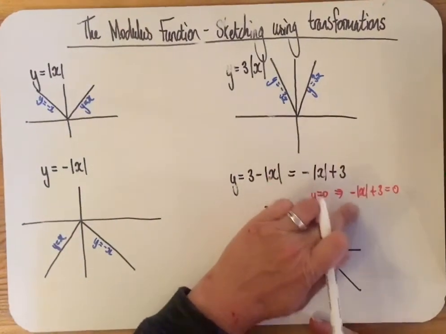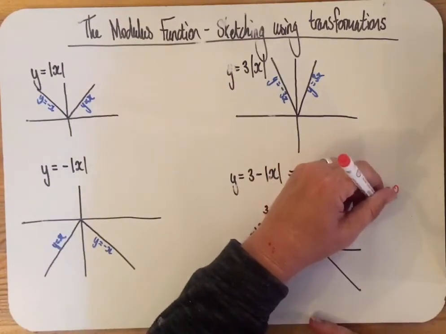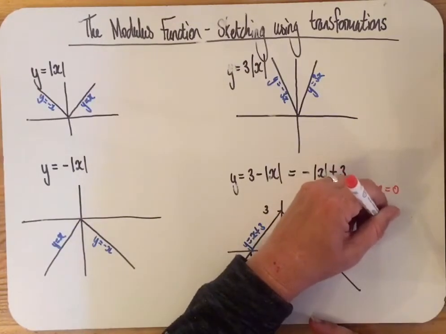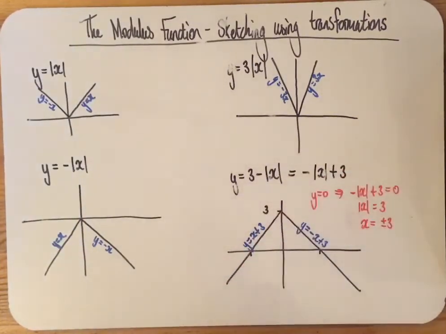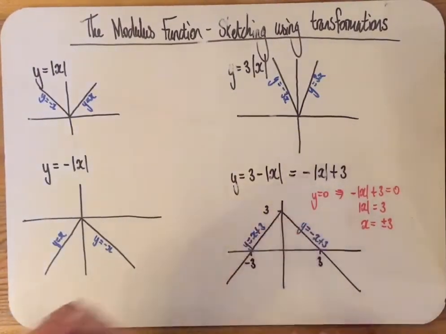If I just add mod x to both sides, then you get modulus of x equals 3, and so x will equal plus or minus 3. So you can still get to your x and y axis intercepts by letting x equal 0 and y equal 0. Obviously it's quite obvious on that one.